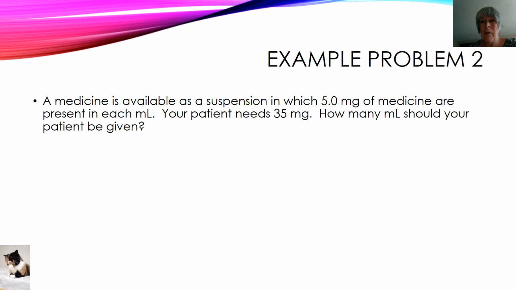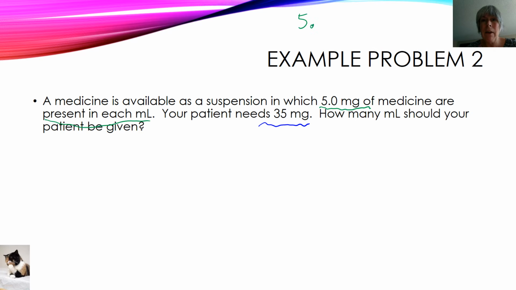So when I look at this problem, I say, well, my patient needs 35 milligrams. That's kind of my starting point. And then if I look at the other numbers in the problem, I've got 5 milligrams of medicine present in each milliliter of the suspension. That actually is a unit factor, or can be written as a unit factor, because that's an equivalency.